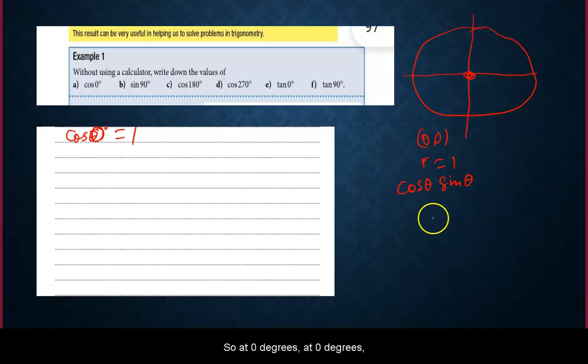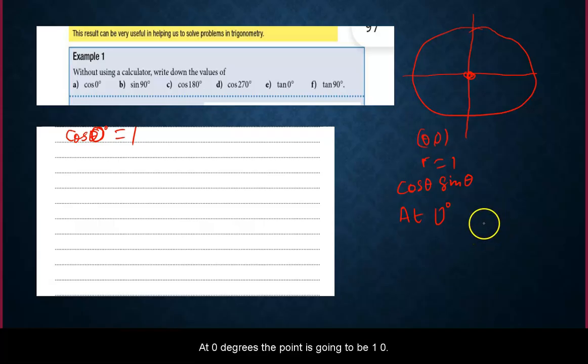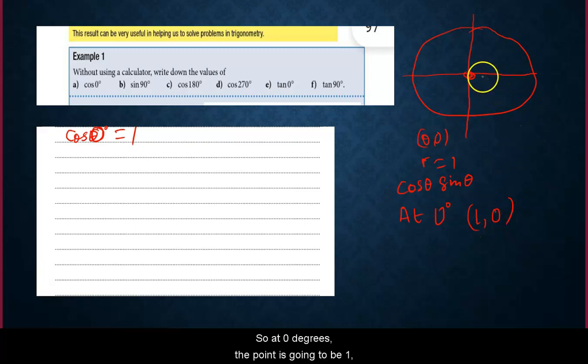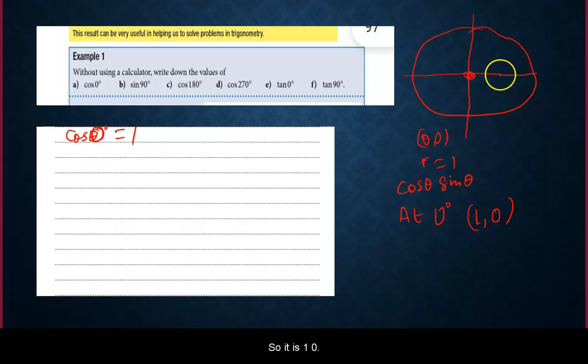So at 0 degrees, the point on the unit circle is going to be what? At 0 degrees, the point is going to be 1, 0, because it is a unit circle. So it is 1, 0, because this is cosine of theta.